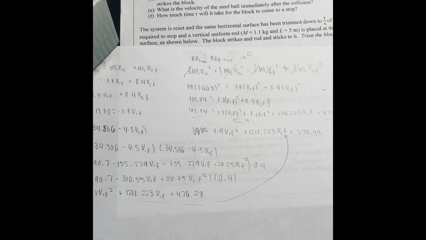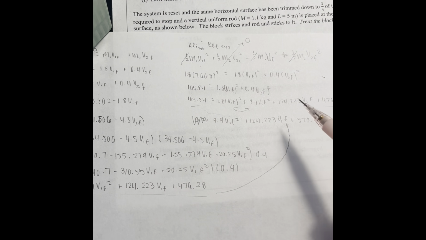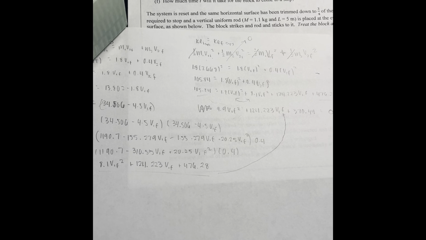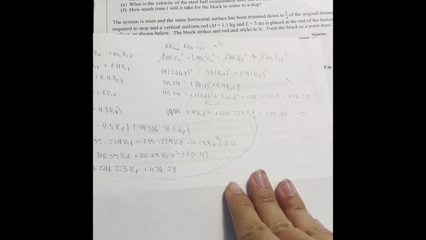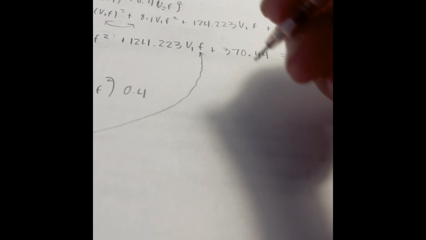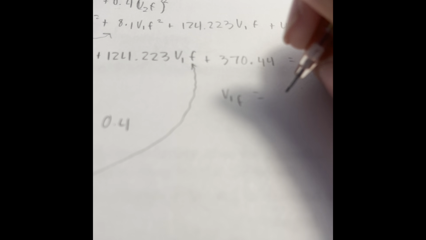I could do the quadratic formula to solve for v1f, and just put it in the calculator. And for that, I get v1f is equal to 0.879 meters per second and 7.668 meters per second.